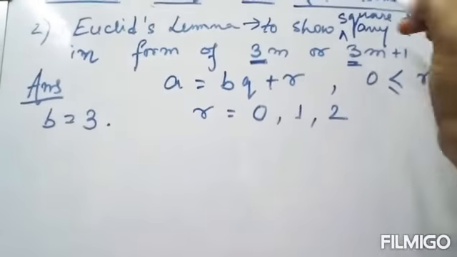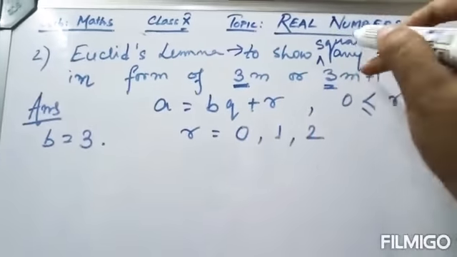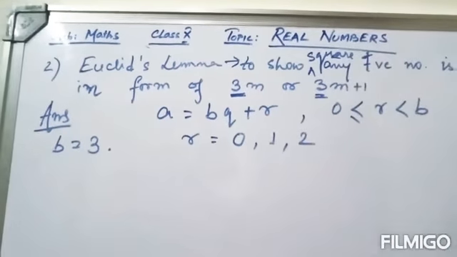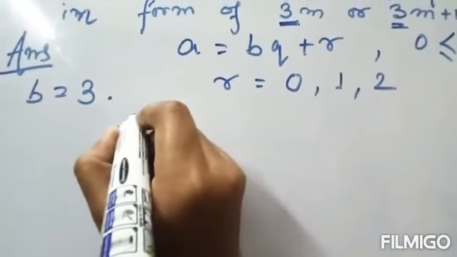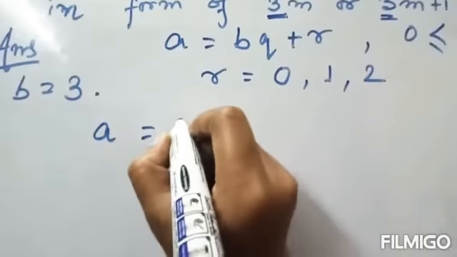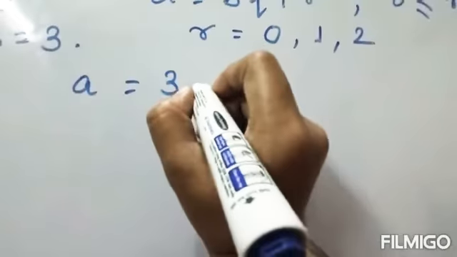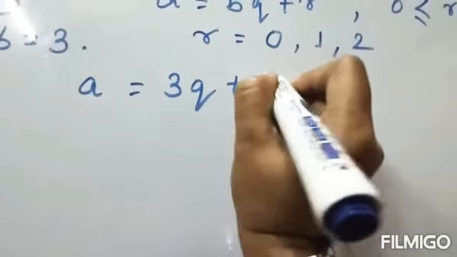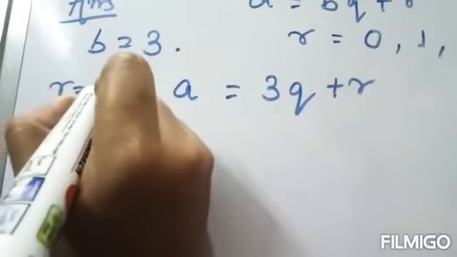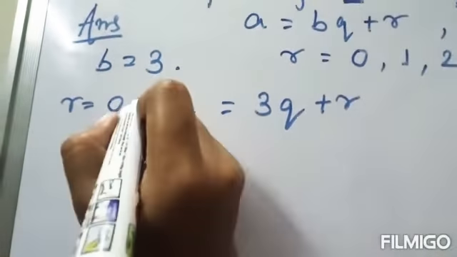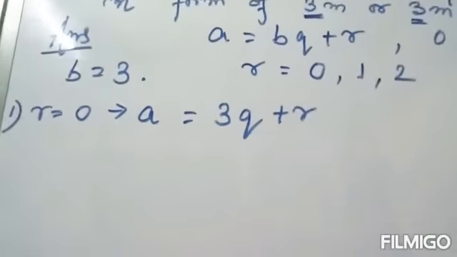Now, what is the trick, what is the twist in the question? We have to find the square. So suppose A is equal to 3Q plus R. Now considering the first case, if R is equal to 0, what will come?